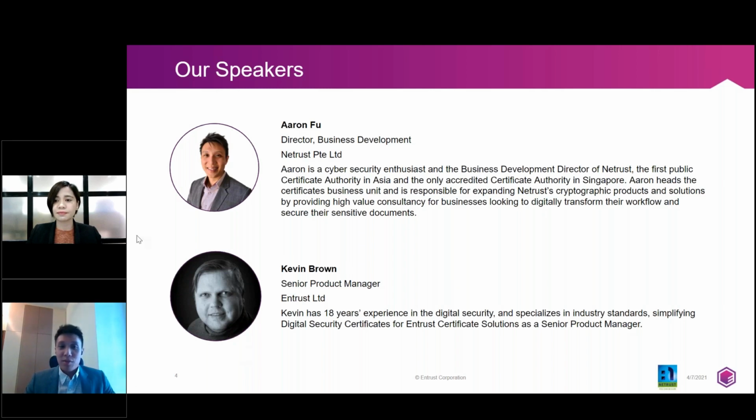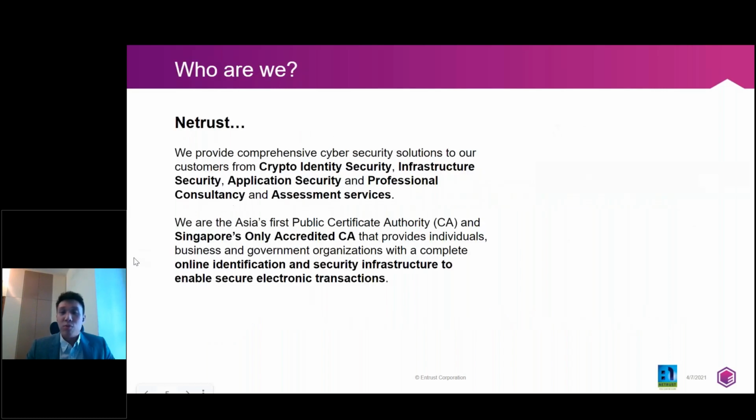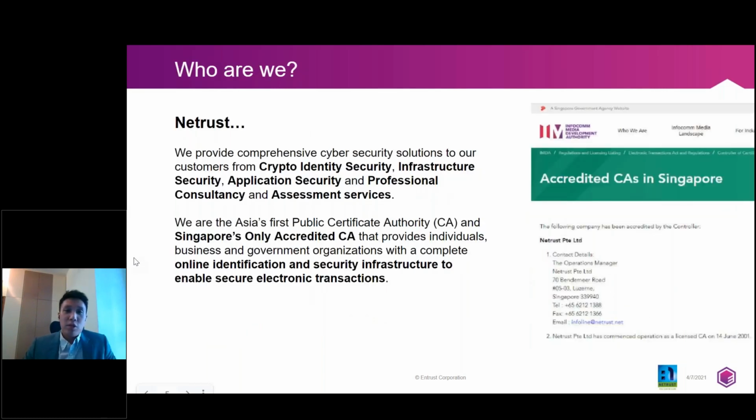Before we dive into the details on SSL certificates, I'd like to give you a brief background on who Entrust is and what we do. We provide comprehensive cybersecurity solutions to our customers along a few different verticals. One vertical is crypto identity security, where Entrust is one of our solution providers.